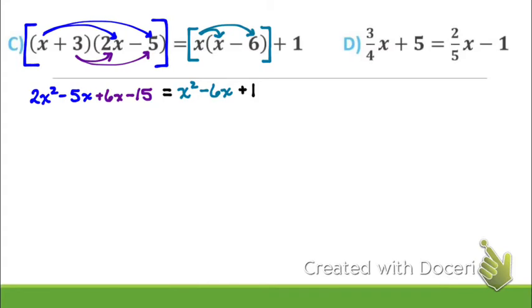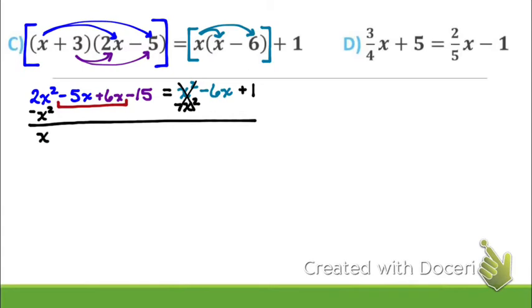I know I'm going to need to combine these two together. Let's get our x squareds to the same side. So it's going to cancel out over here. I have x squared plus x minus 15 equals negative 6x plus 1.